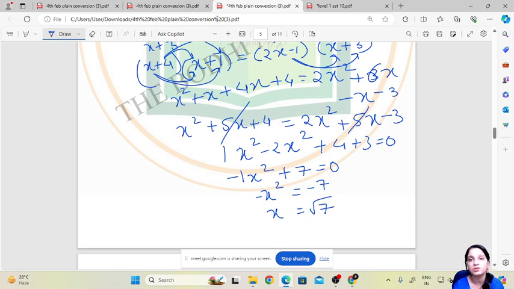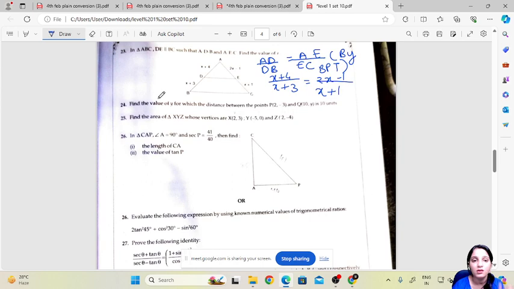Then the next one. Find the value of y for which the distance between the points P(2, minus 3) and Q(10, y) is 10 units.